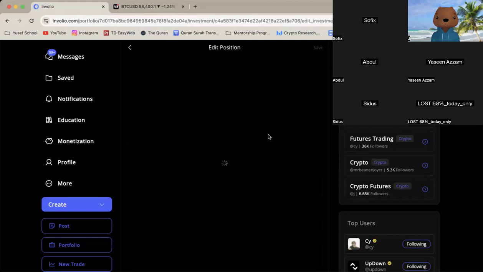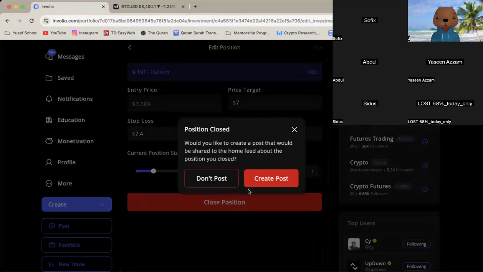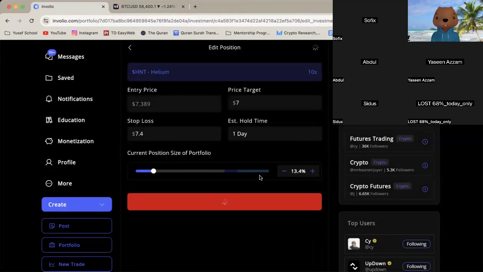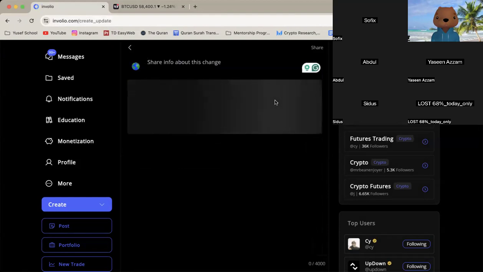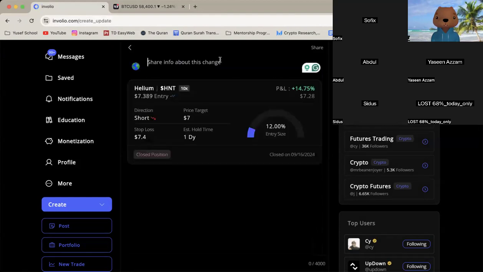All right, let's just close this trade here. Just to show you guys that it's all about quick moves. So let's close this here. I'm gonna close it. Give me 1 second.